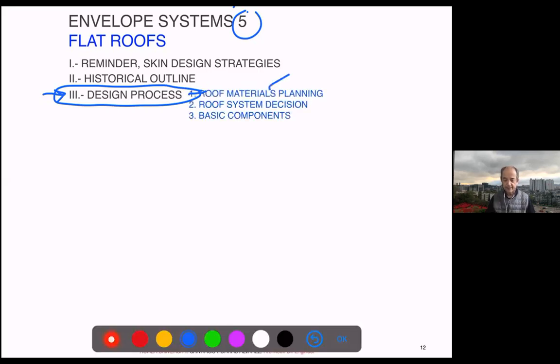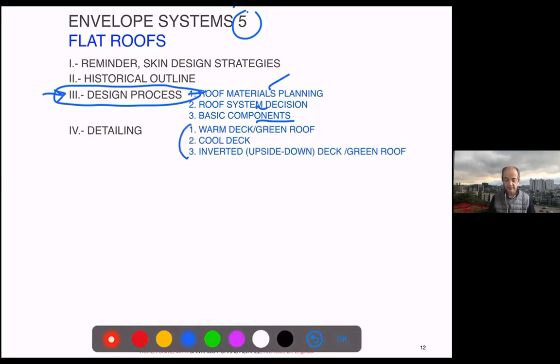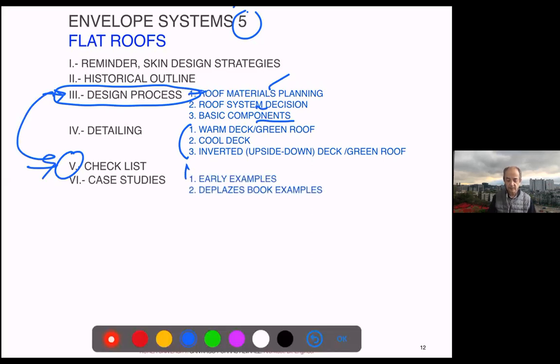So about material planning, the system and the components, and then how we put them together. Then we will look into detailing, of course, and see the basic typologies, and then have a checklist for your design process. This is what we did in materials. And case studies, I think we will have some time to see early samples and probably the book examples you will have in the handout.